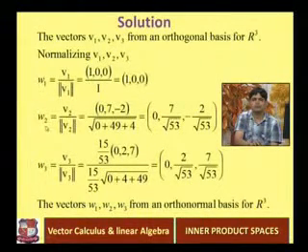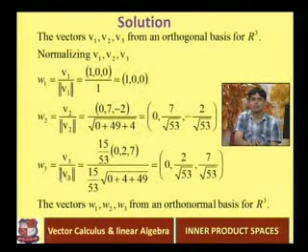Now normalizing the vector v2, w2 equals v2 upon the norm of v2, where v2 is (0, 7, -2) and the norm is the square root of 0 plus 49 plus 4. Simplifying, we get (0, 7/√53, -2/√53).